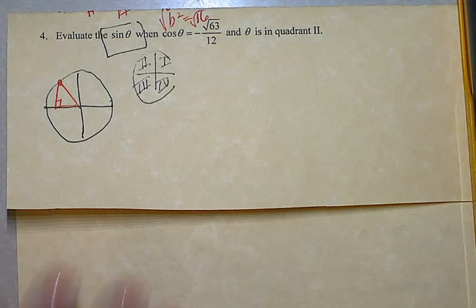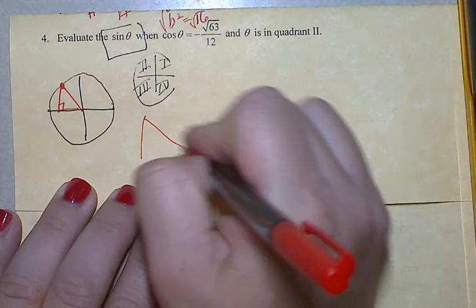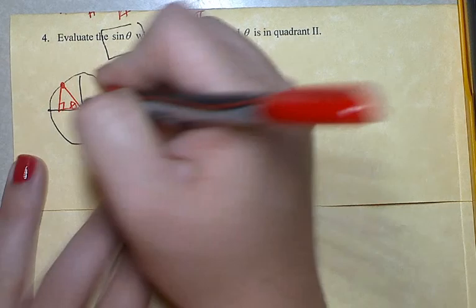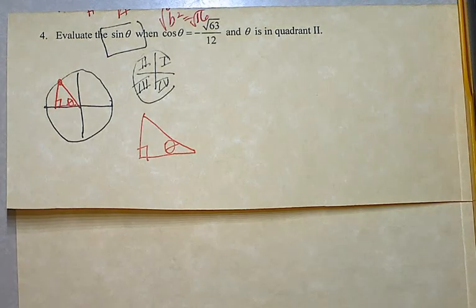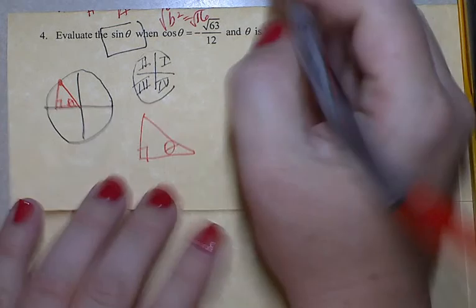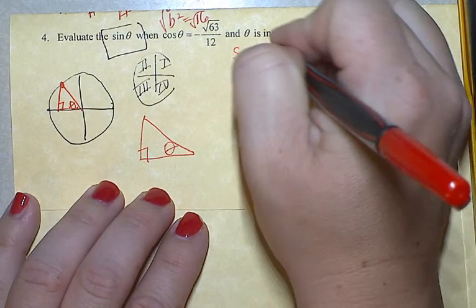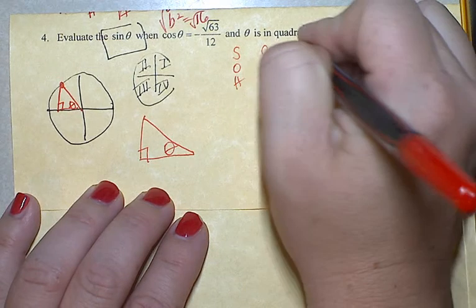Let's rewrite or redraw that triangle. Remember, your interior angle, your central angle, is always the one next to the origin. Okay, so I'm going to write the SOHCAHTOA here. It's good practice. So, SOHCAHTOA.